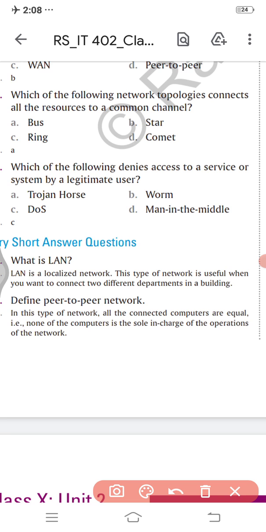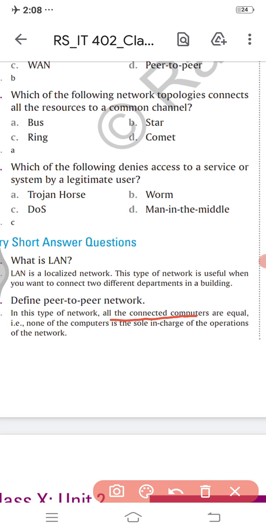In this type of network, all the connected computers are equal. First of all, you should know that all connected computers are equal, dear students, and none of the computers is solely in charge of the operations of the network. Whatever computers you have in your network, all the computers or the users are the same.